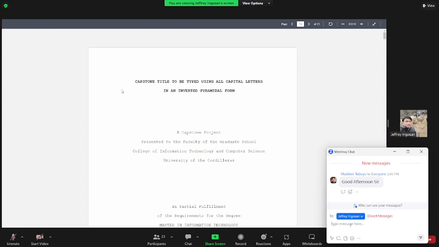So you might be asking why the new rule? Because accrediting bodies, the university noticed that most, if not all of the accrediting bodies that we've been through for the past few trimesters, only recognize Scopus. A good example would be the application for autonomous.